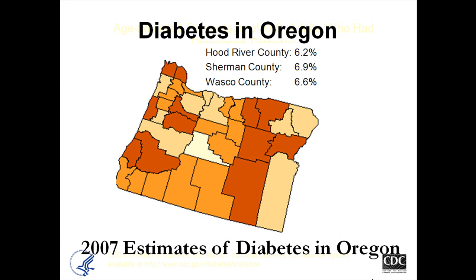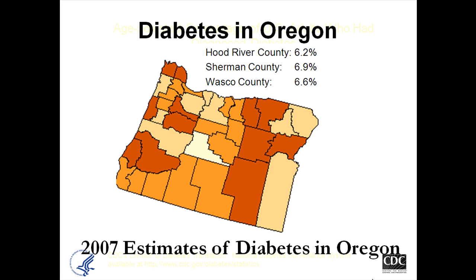If we look specifically at Oregon, I just got this off the CDC website, we'll see that most of you are from either Hood River County, Sherman County, or Wasco County, and we can see it's pretty close to 7% diabetes in Oregon.